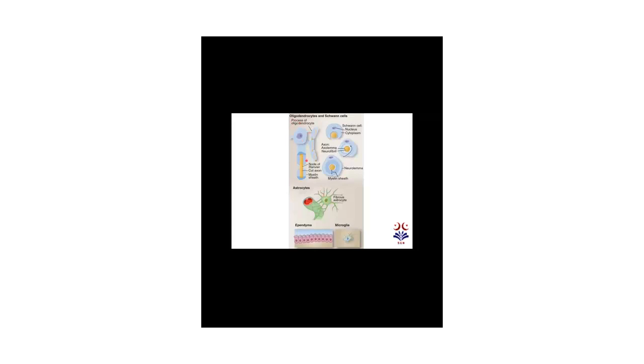And then this is the responsibility of the Schwann cells and the oligodendrocytes for the formation of the myelin sheath. In the peripheral nervous system, Schwann cells form the myelin sheath. And in the central nervous system, oligodendrocytes form the myelin sheath.